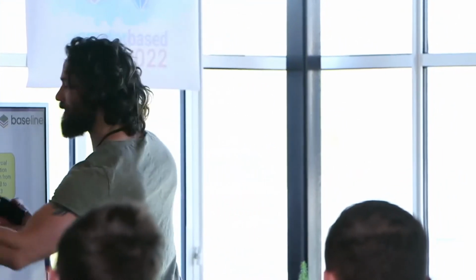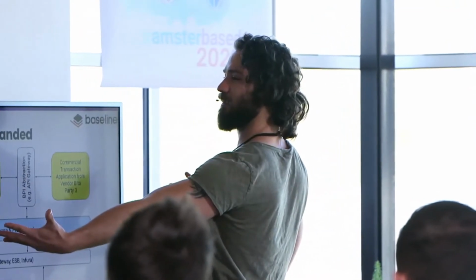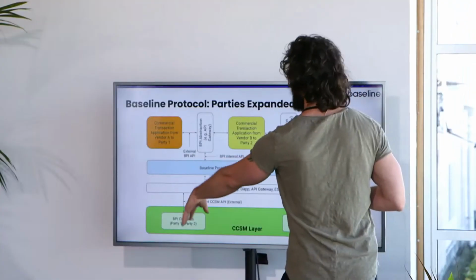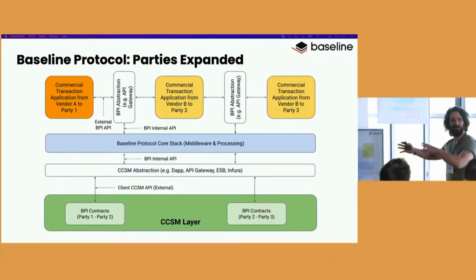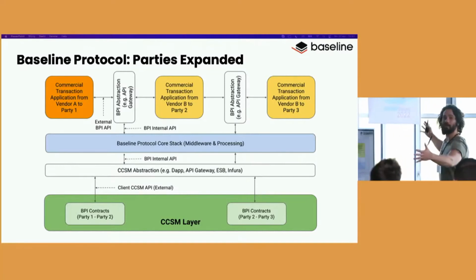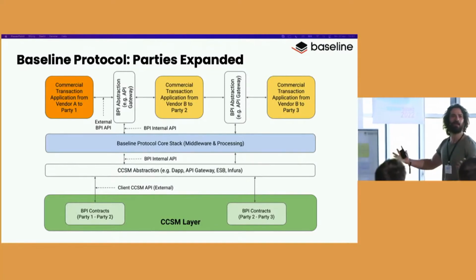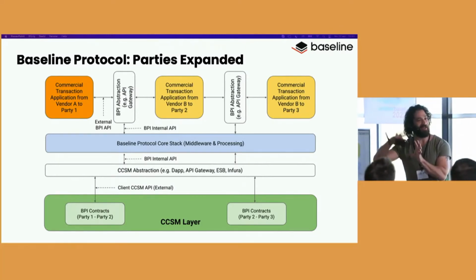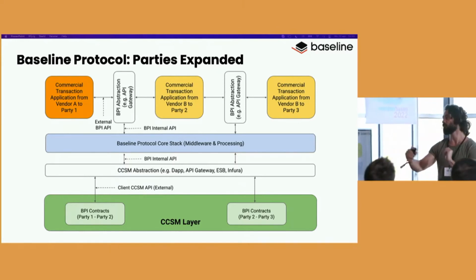Then we move out and say, okay, we're getting more towards real life. We could have a commercial transaction application from vendor A to party 1, vendor B to party 2, vendor B to party 3, and use your imagination to expand out how many different entities could be working in this BPI as part of a single work group, where the logic of how they interact is dictated by what they've agreed upon in their own master service agreement.